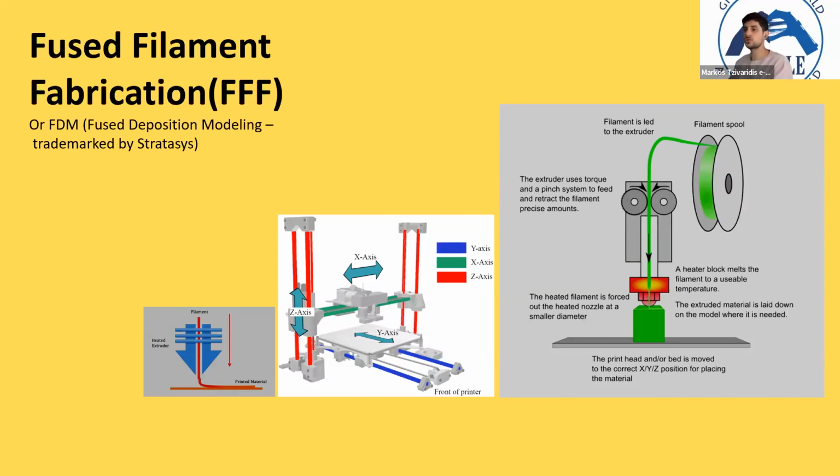Now, how this works is that a spool of thermoplastic filament, as you can see in the bigger picture here, is first loaded into the printer. Once the nozzle has reached the desired temperature, on this part right here, the filament is fed to the extrusion head and into the nozzle where it melts.